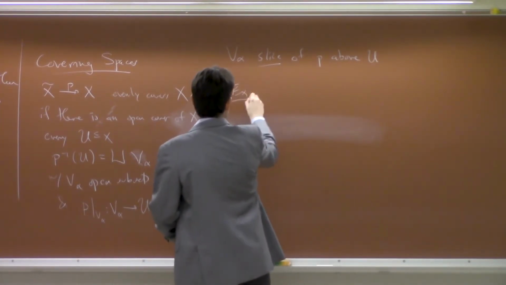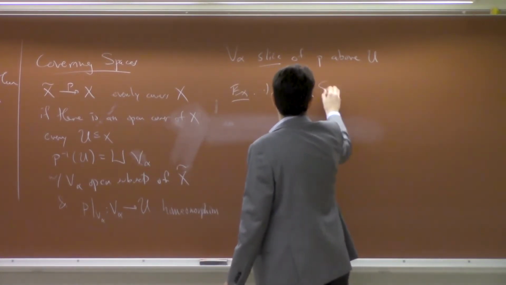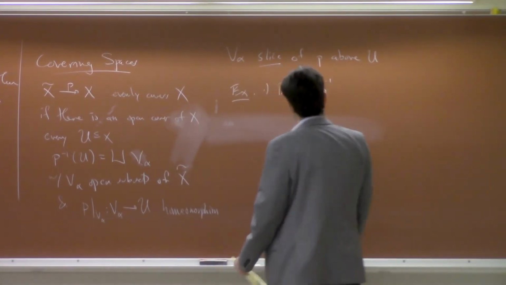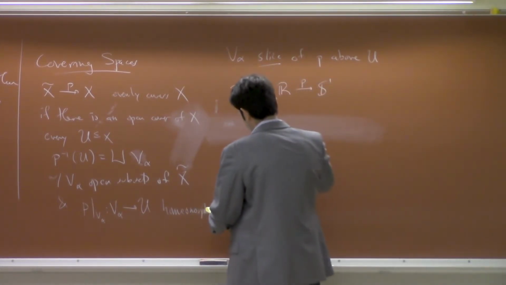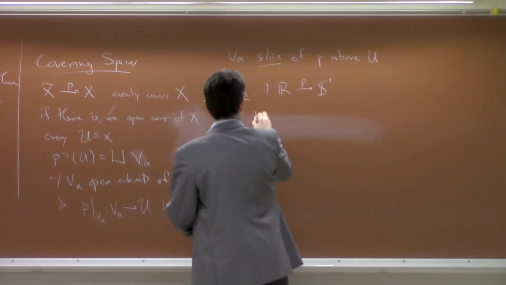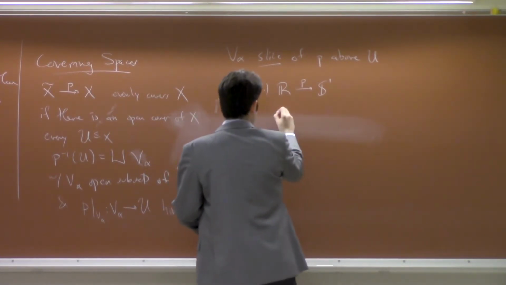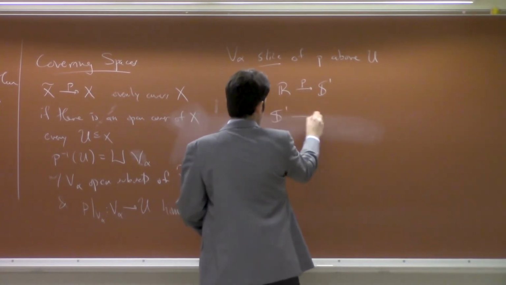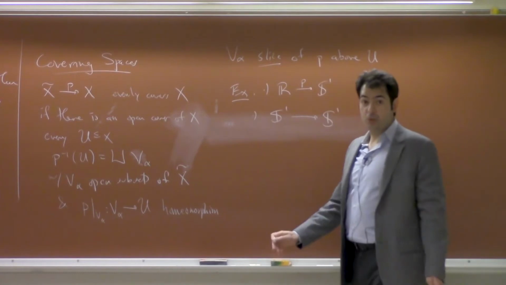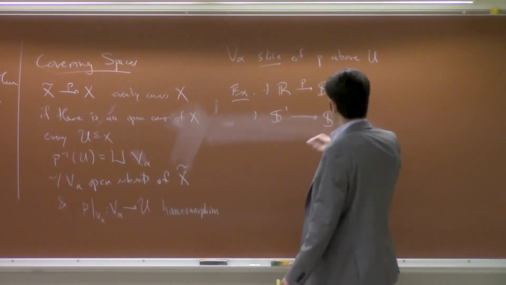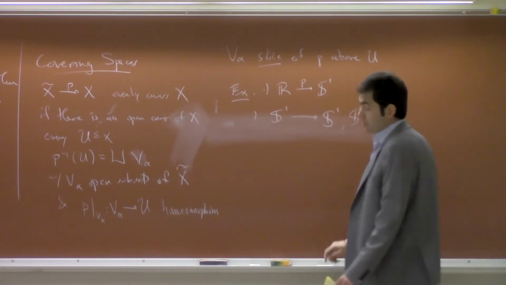So, of course, our first example is the cover of the circle by the real line. You can also cover the circle over itself. So what you want to do is think of the circle as sitting inside the complex plane.